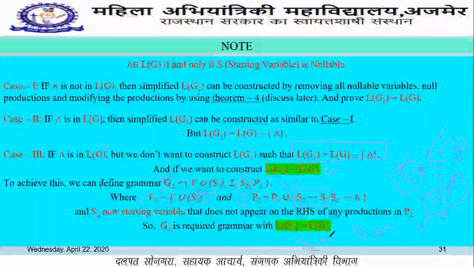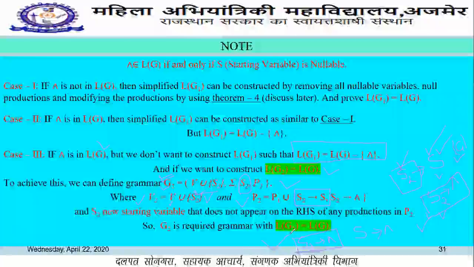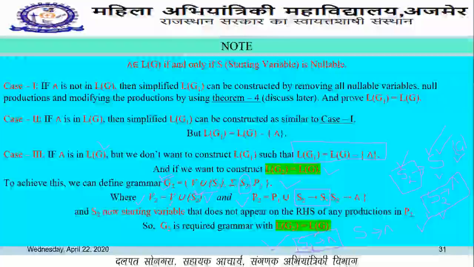And this is only for the null string which belongs to your language, and S2 does not appear anywhere on the right hand side of any production. I hope you understand this. If not, just listen once again, and in the next lecture we take some examples and learn much more clearly.